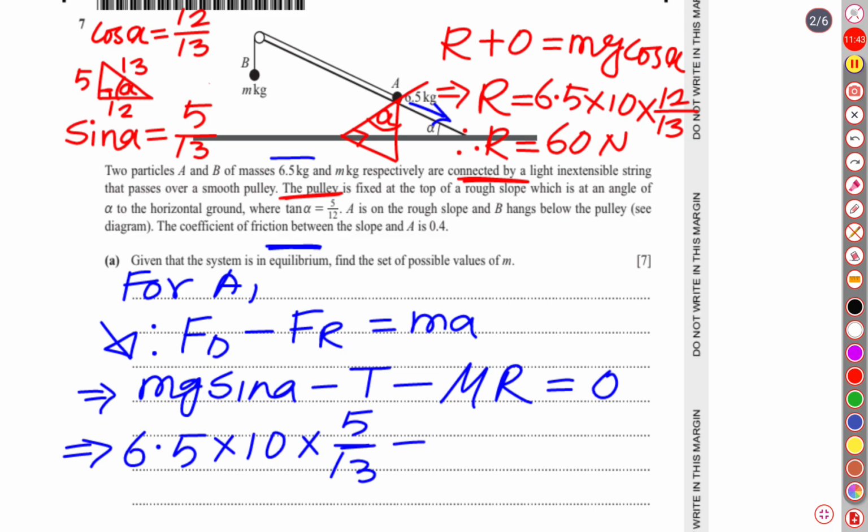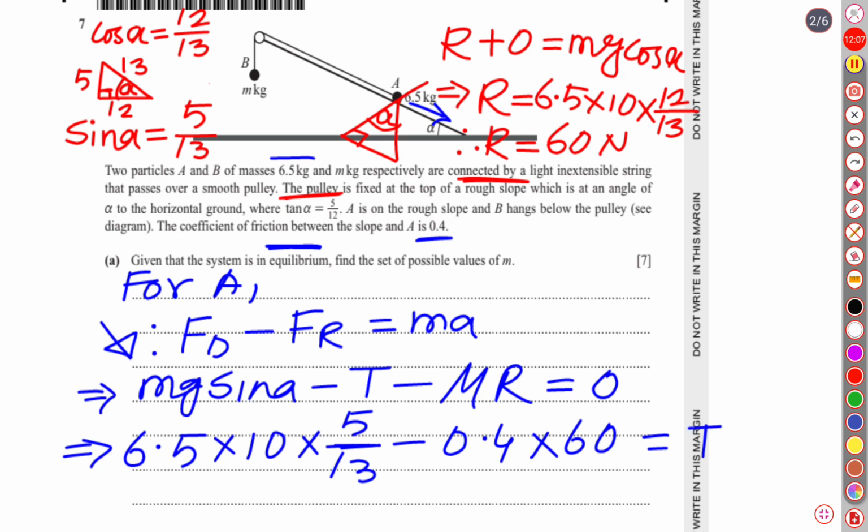Mu is the frictional coefficient, which is given as 0.4. And normal reaction has been obtained as 60. Before starting the solution, we always find the normal reaction first, because in case of a rough slope, it is needed. This is equal to T.